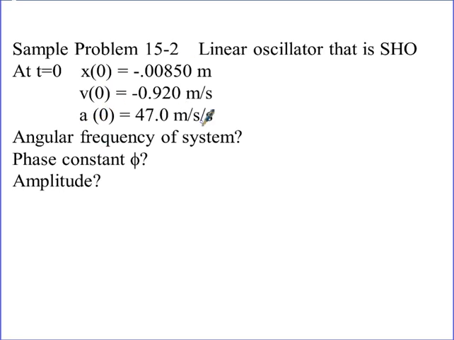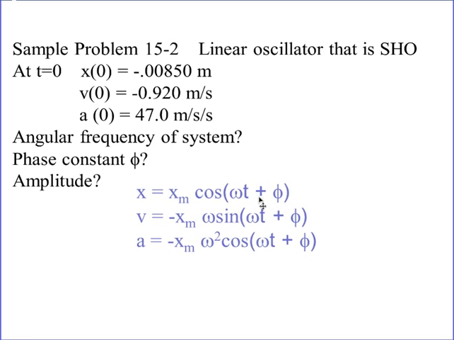And then they ask, what is the angular frequency of the system, and so on. And it's like, whoa, where do you get started with that? But the fact that it is a simple harmonic oscillator means that we have this set of equations, the solution for the position at any time, and the velocity, and the acceleration.